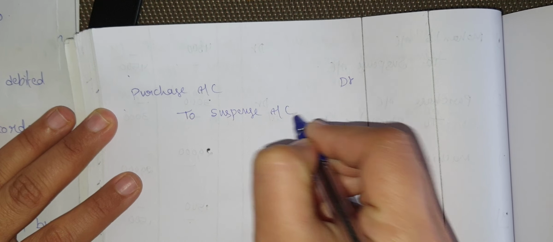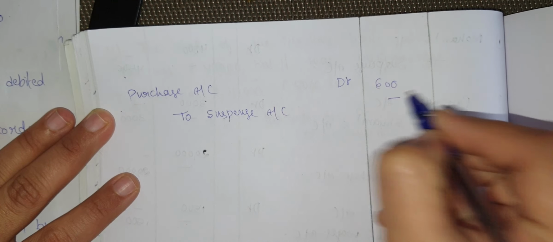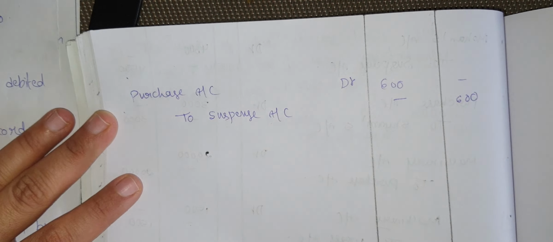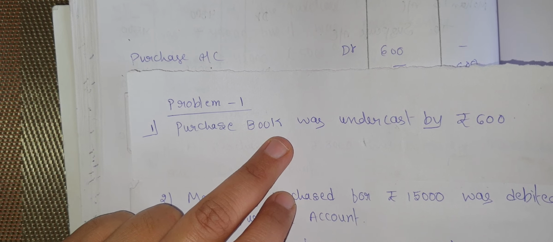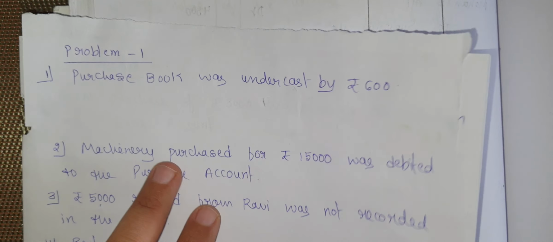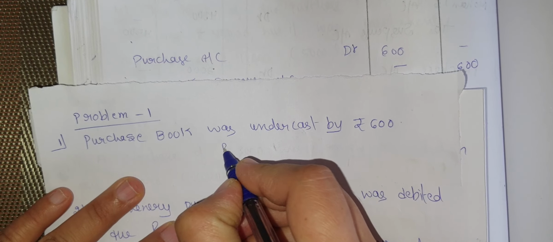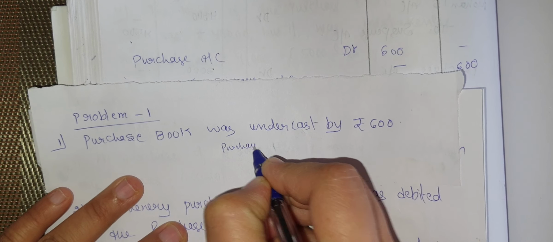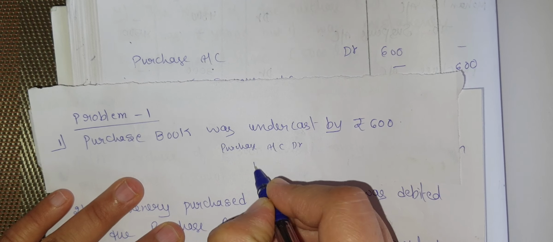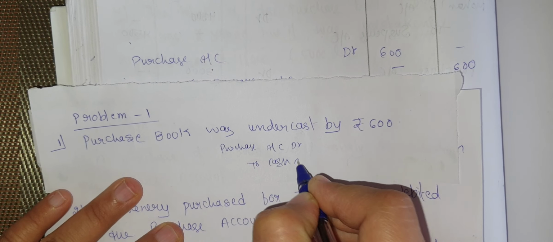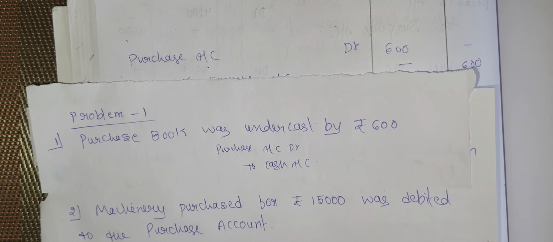Purchase account debtor to suspense account, that is rupees 600. Right? Okay. So see here. Purchase book was undercast by rupees 600. So what is our original entry here? Purchase account debtor to cash account. Okay. This is the original entry or correct entry.